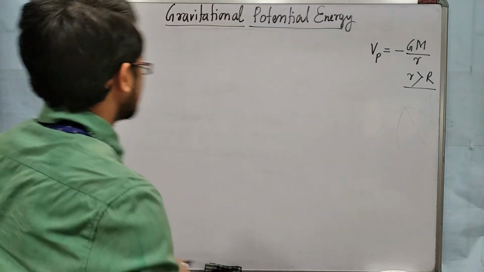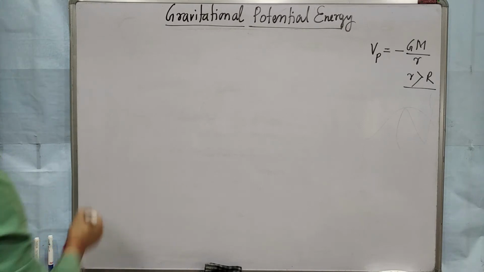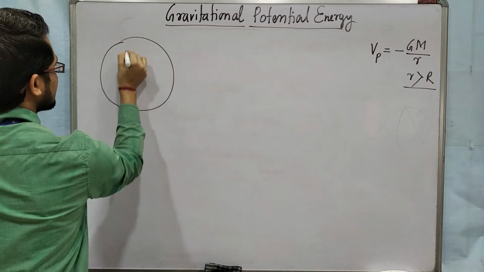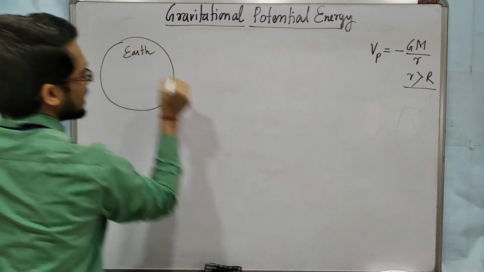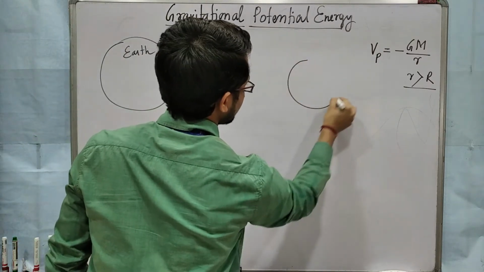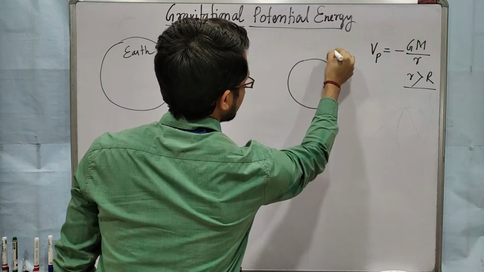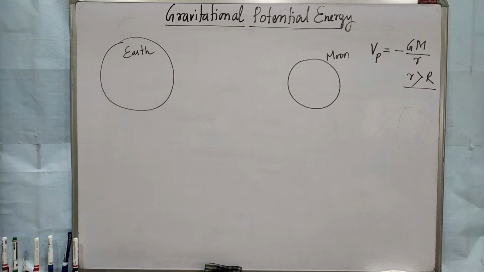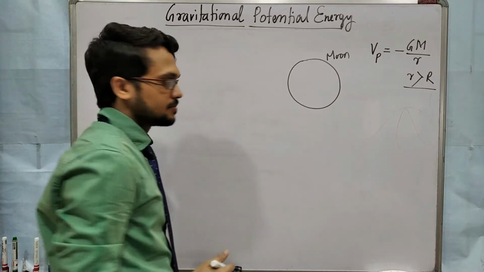Suppose this is our earth, and this is our moon. I am taking these two, earth and moon, as complete spheres of uniform density.